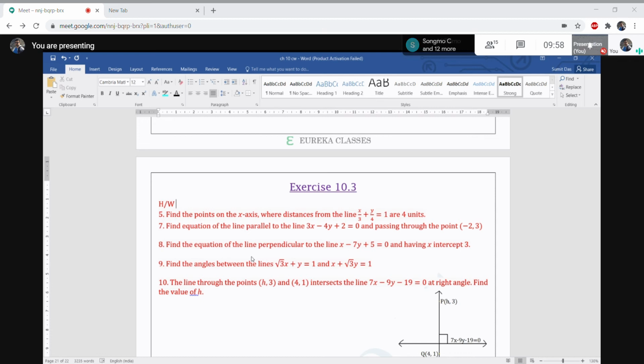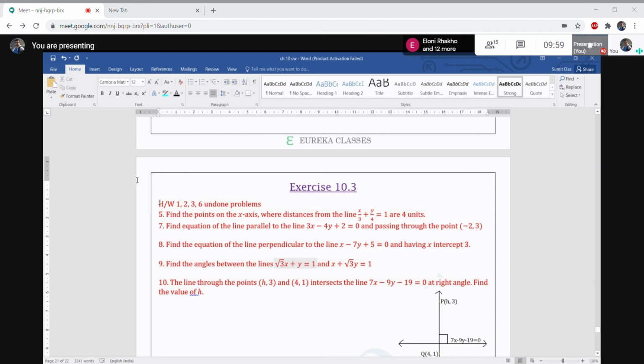Tomorrow I'll take one extra class in the afternoon, or by tomorrow morning you can do it. So the homework will be 1, 2, 3, 4 we did, 5 also we will do, and 6, the undone problems.